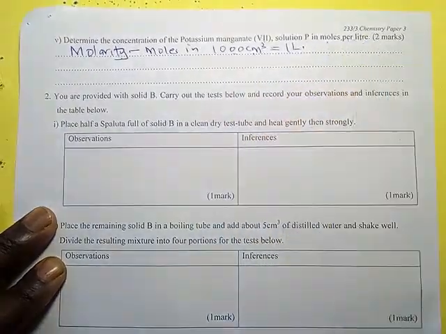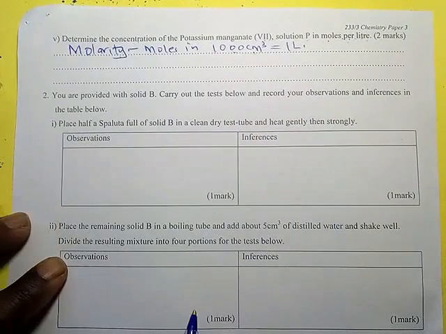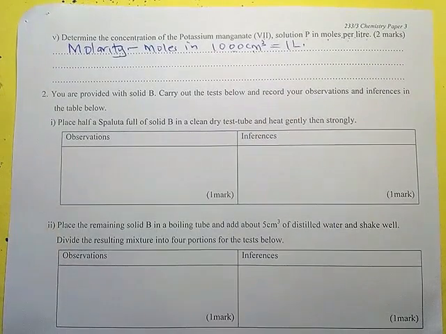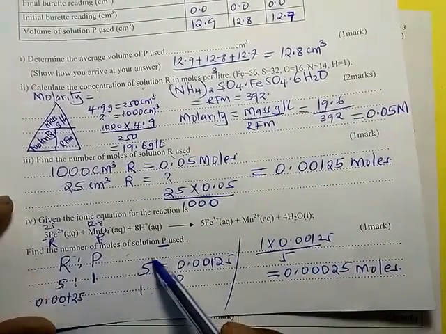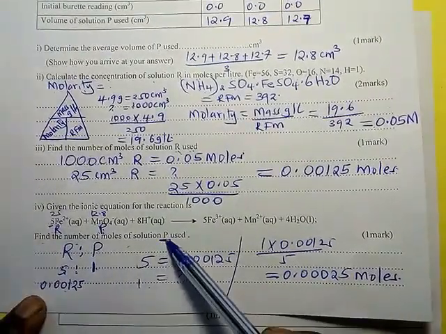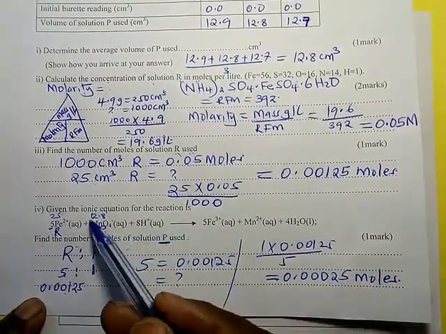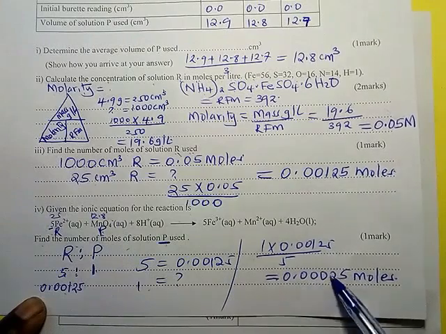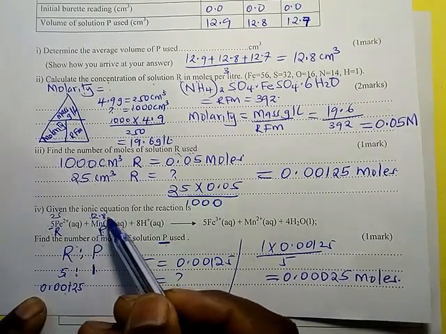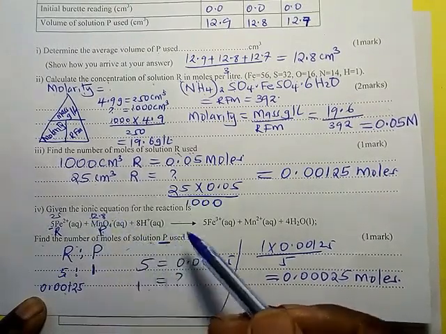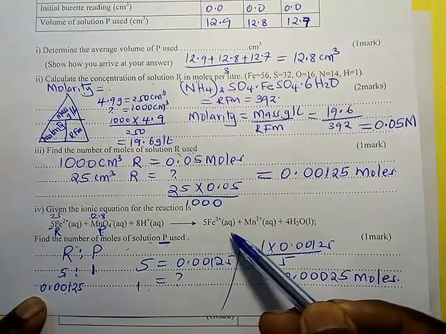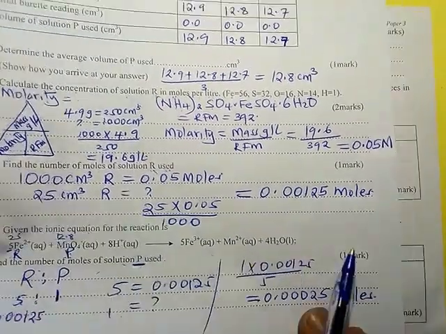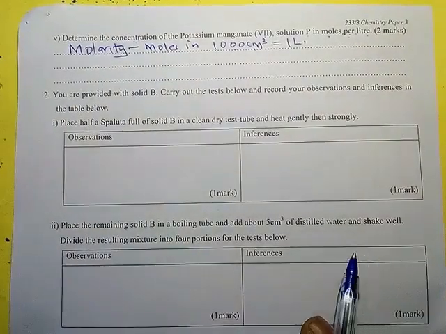From the previous, we have the number of moles of P in the volume that was used, 12.8 centimeters cube. So these moles are in 12.8 centimeters cube. So we will ask, 1000, which is 1 liter, will contain how many moles?